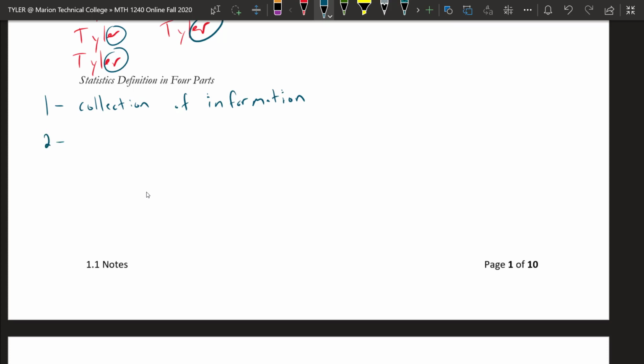The second part is organization and summarization of information.